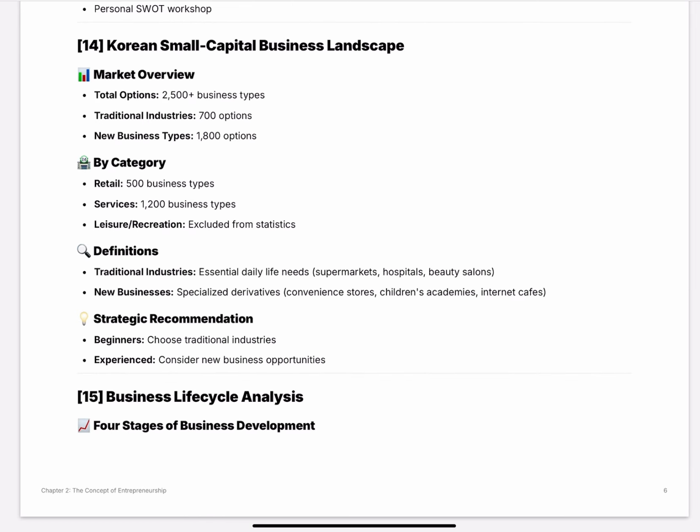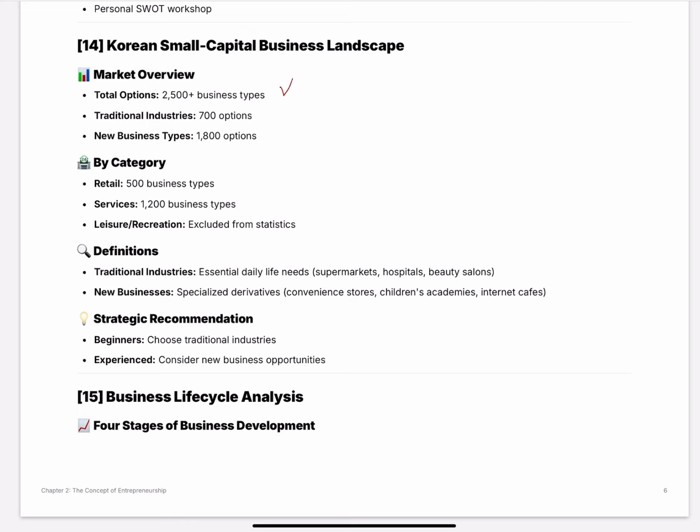Okay, so let's look at the Korean small capital business landscape. Particularly in the Korean market, though these principles apply globally. Before we start, we are looking at some numbers. The numbers are quite striking. In Korea, there are over 2,500 different types of small capital business opportunities available.